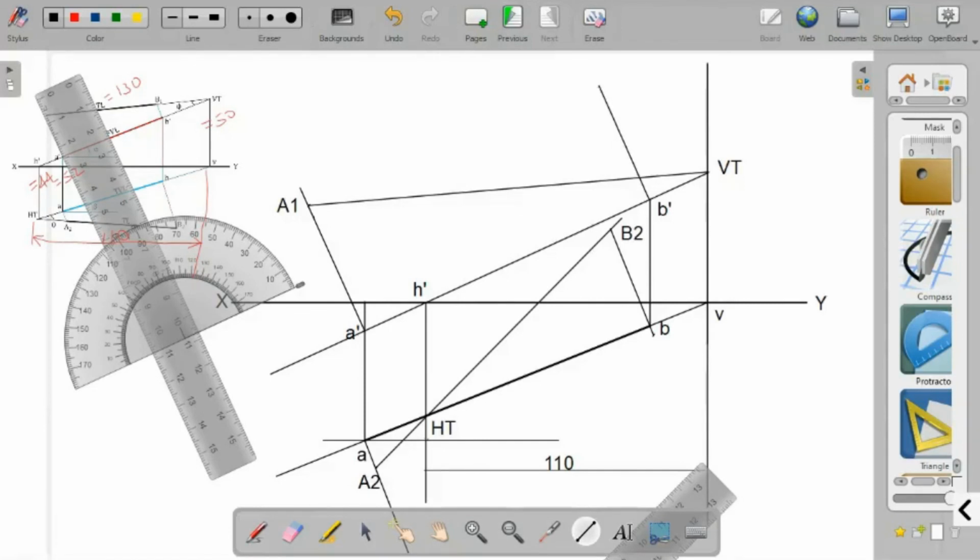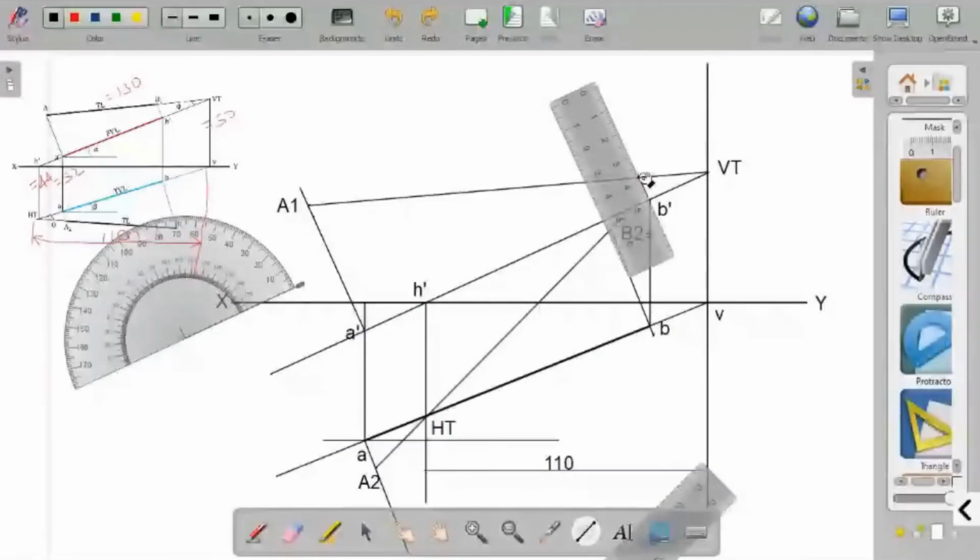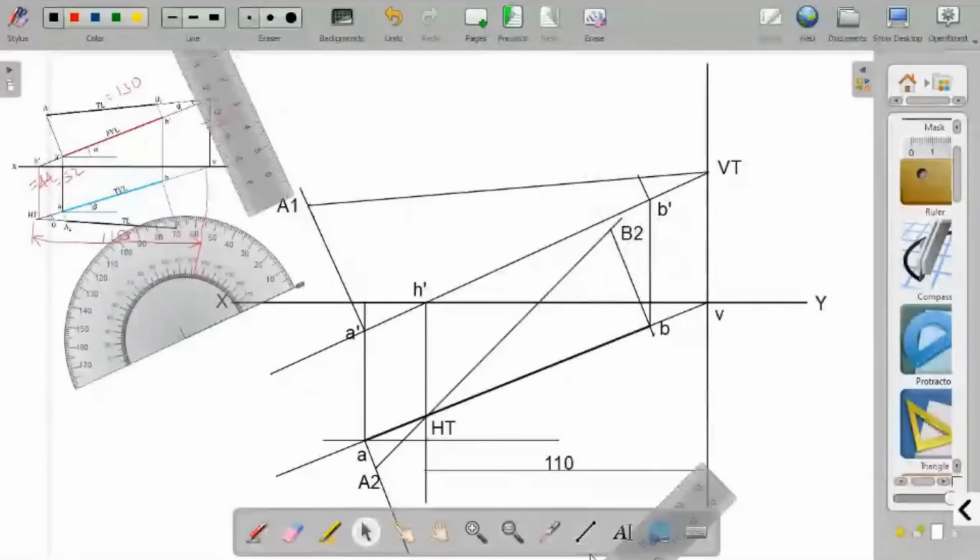Not this full line is required, but okay, I will use the scale itself. Now this is point B1.